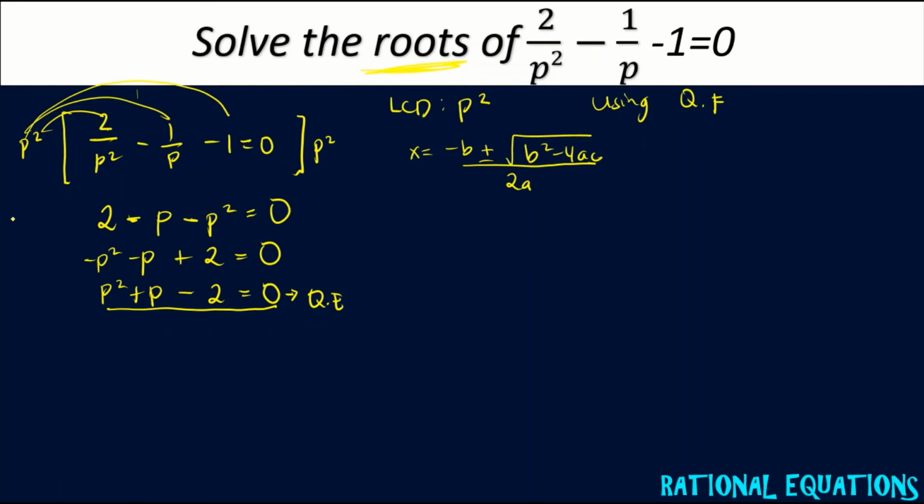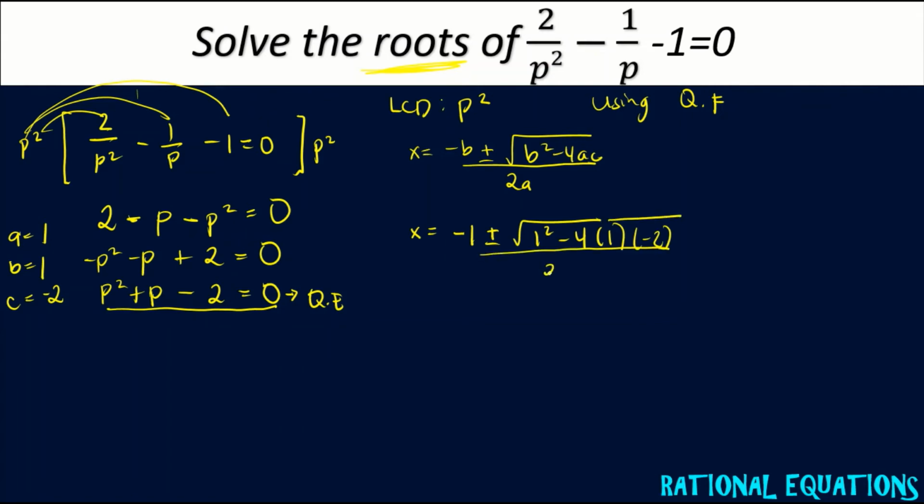From this quadratic equation, since it is already in general form, a is equal to 1, b is equal to 1, and c is equal to negative 2. Substituting all these values to this formula, we have x equal to, i-negate natin si b, negative 1, plus and minus square root of 1 squared minus 4 times 1 times c, which is negative 2, all over 2 times a, which is 1.